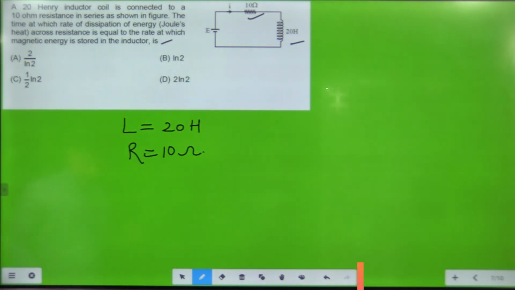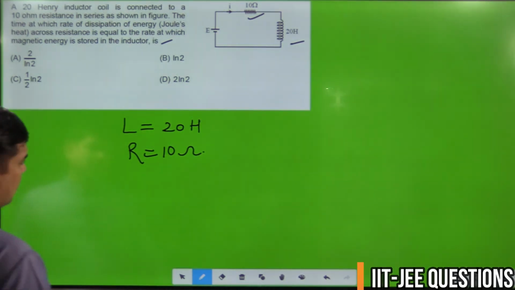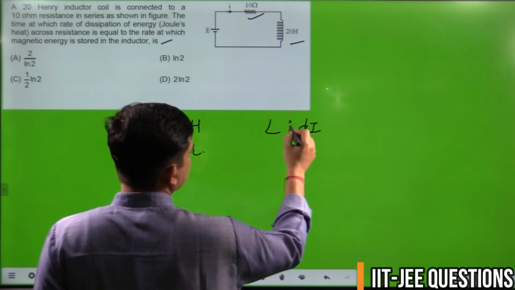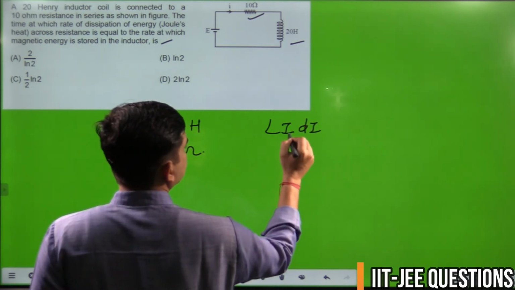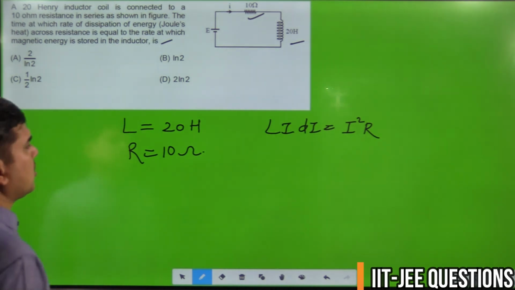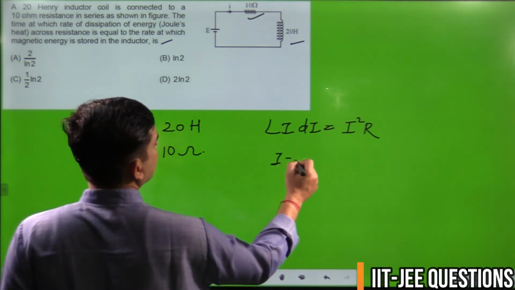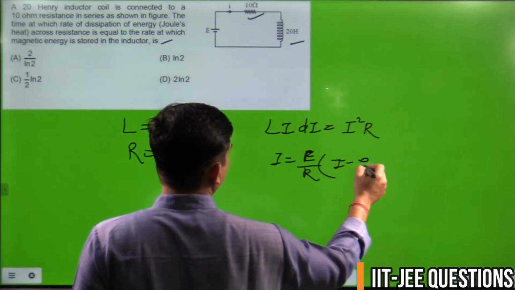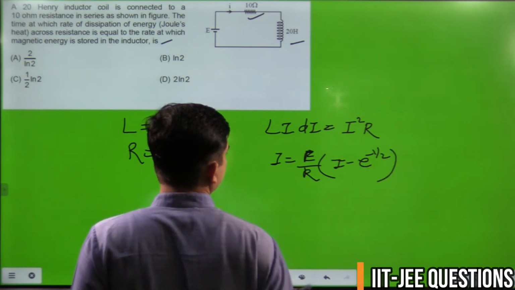Again, it's a very simple numerical. We will use the simple formula: L i di equal to energy dissipated, i square R. I equal to E by R into 1 minus e to the power minus t by 2.